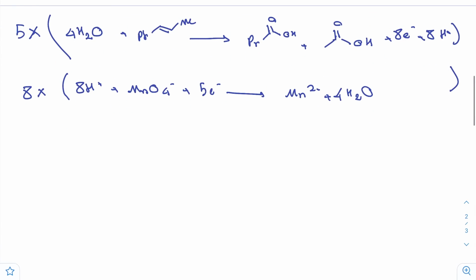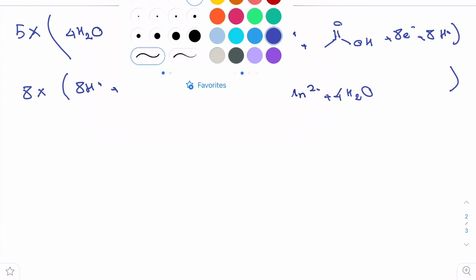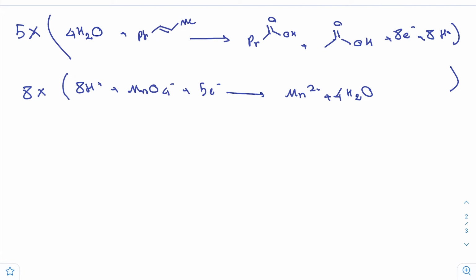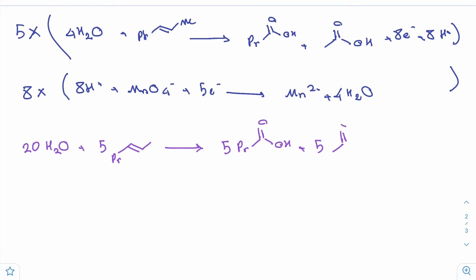Alright, so let's do the multiplication. So I'm going to use a different color. So for the top row, there is going to be 20 H2Os plus 5 of my alkene going to 5 of the first carboxylic acid, 5 acetic acids, plus 40 electrons plus 40 H pluses.